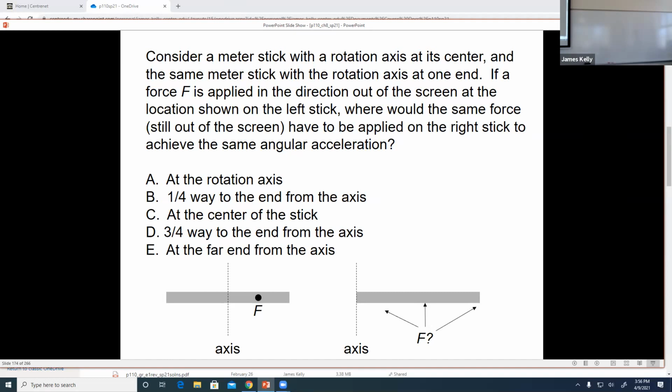We've got to think about torque net equals I alpha. We want alpha to be the same in both cases. I is not the same, and so it seems like torque is not going to have to be the same. So can you reverse engineer where to put F? It's one of the answers that's given there.